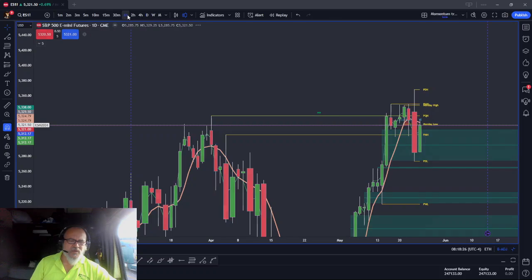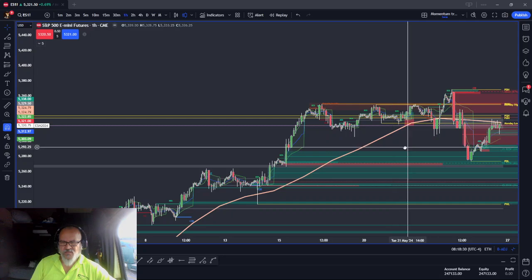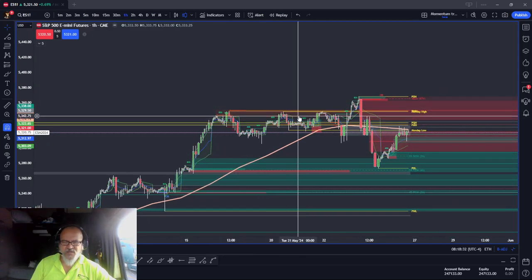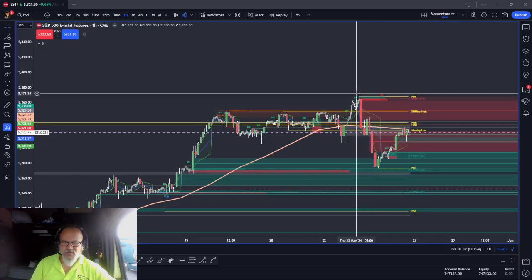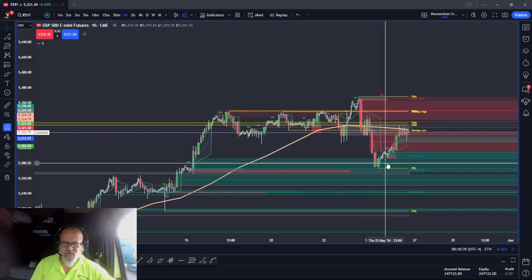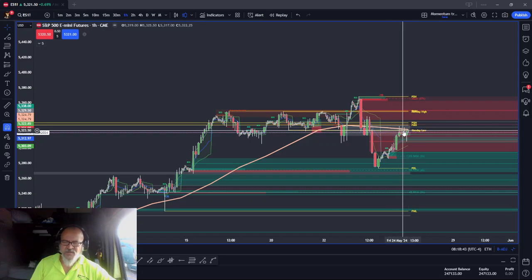So the 1 hour, yeah, consolidation, definite manipulation move to the upside, now manipulation to the downside, and back into range.